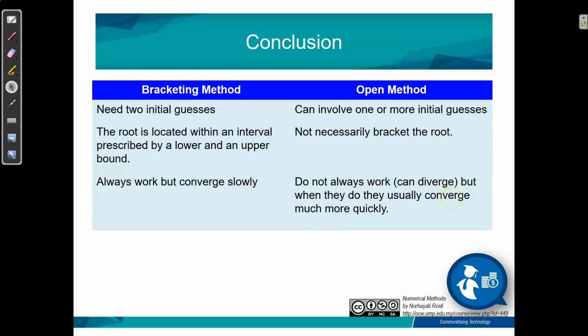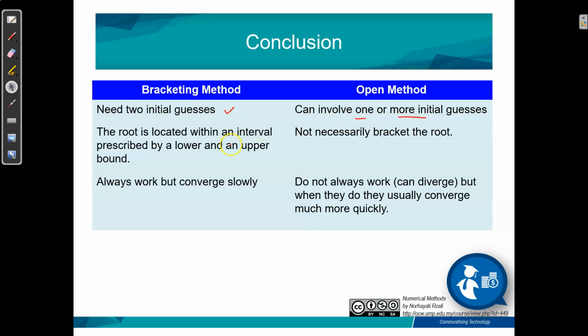So class, as the conclusion, to compare the bracketing method and open method, for the bracketing method, we need 2 initial guesses, but open method can involve 1 or more initial guesses. For 1 initial guess, it is for Newton-Raphson method. And more initial guesses, for example, secant method, we have 2 initial guesses.